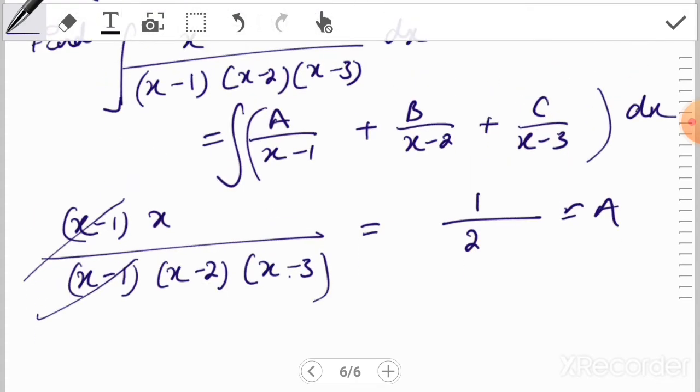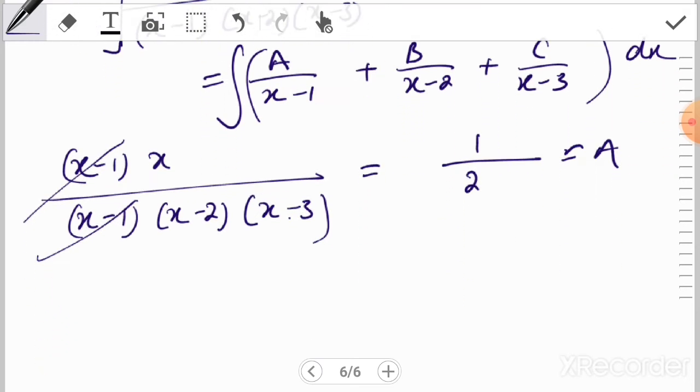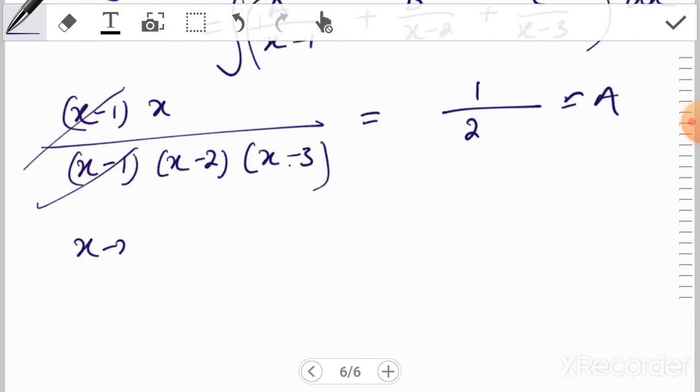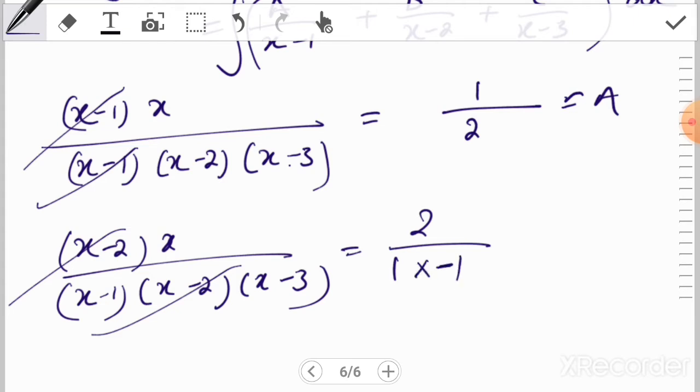So for B, multiply this fraction by (x minus 2) and then put x equal to 2. So 2 by 1 into minus 1, which is minus 2.